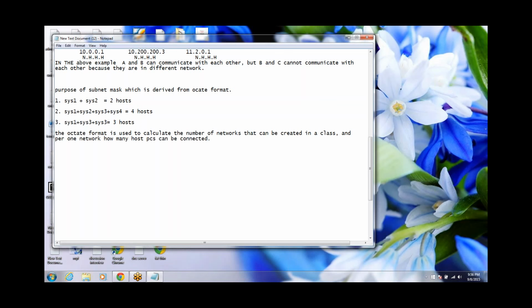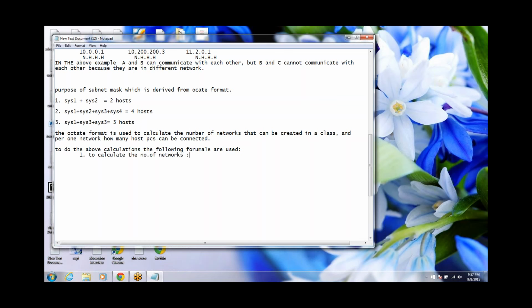Okay, let us do this. To do the above calculations, the following formulas are used.